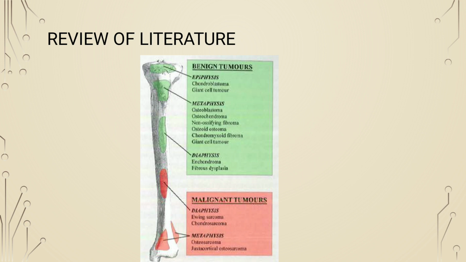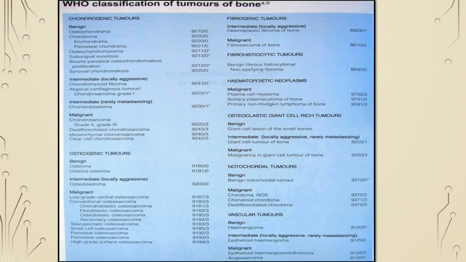Coming to the review of literature, giant cell tumor can be benign, borderline, and malignant. Most of the cases are benign giant cell tumor, which is present either in the epiphysis or in the metaphysis of the long bones. On WHO classification of bone tumors, it comes in the category of osteoclast like giant cell rich tumors, which has three categories: benign, intermediate and malignant.